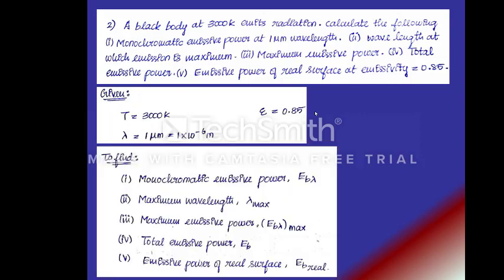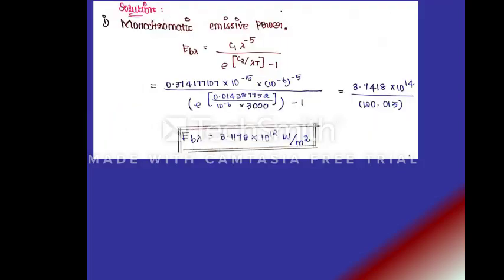So these are the things we have to calculate: monochromatic emissive power E_B lambda at lambda equal 1 micron, lambda max, E_B lambda max, then total emissive power E_B, and finally emissive power of the real surface. Small correction, this you can take it as E real, not E_B real.